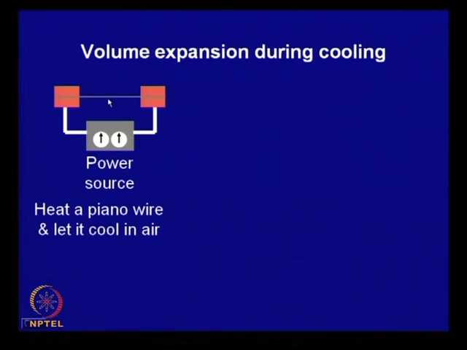So, when you heat this wire, what happens? As soon as this critical temperature is crossed, because this process is so fast, you just stop the switch of the power supply, and when it gets red hot, that is the time it gets converted into austenite.